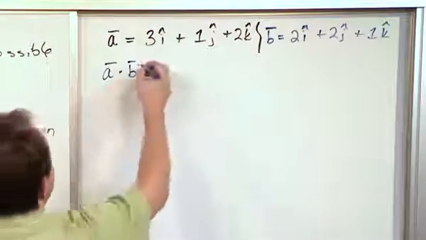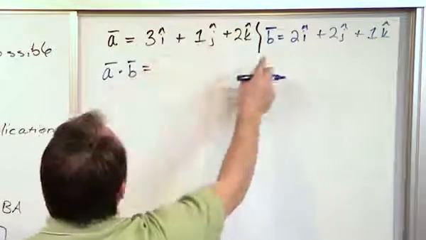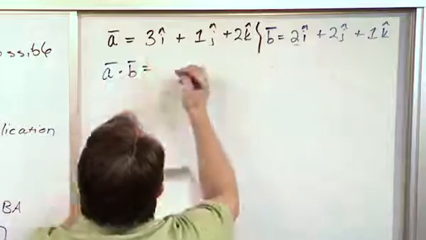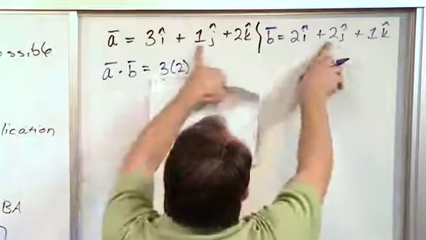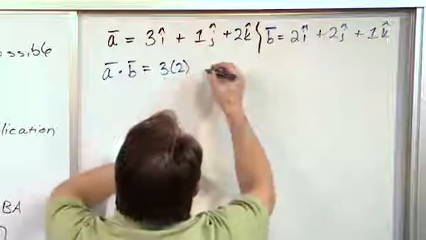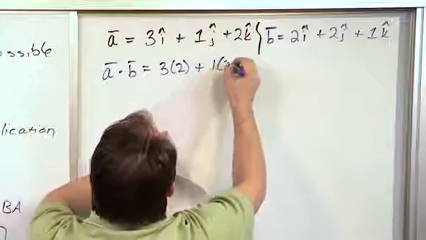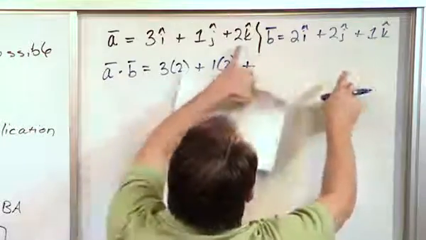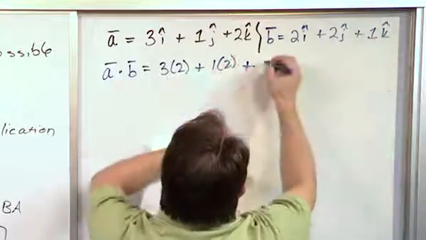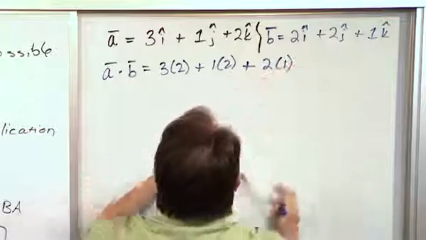But the way you actually calculate it is you look at the two vectors and at their x components and multiply them together, 3 times 2 in this case. Then you look at their next components, 1 times 2, multiply those together, and add it to what you had previously. And then finally you add the z components, multiplied together, 2 times 1.